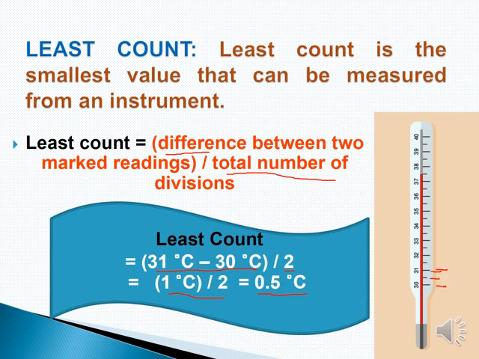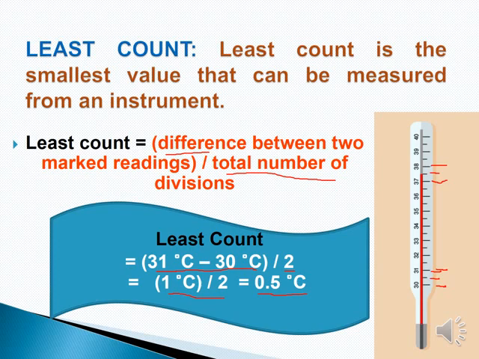This is 37 degrees Celsius and this is 38 degrees Celsius. But the mercury is in between 37 and 38, exactly at this division. And we know that one division is equal to 0.5 degrees Celsius. So the temperature shown by this thermometer is 37.5 degrees Celsius.